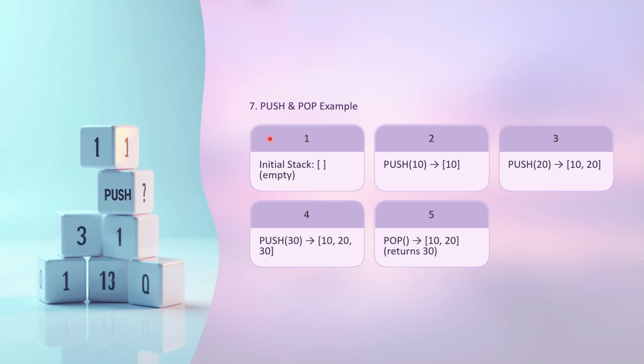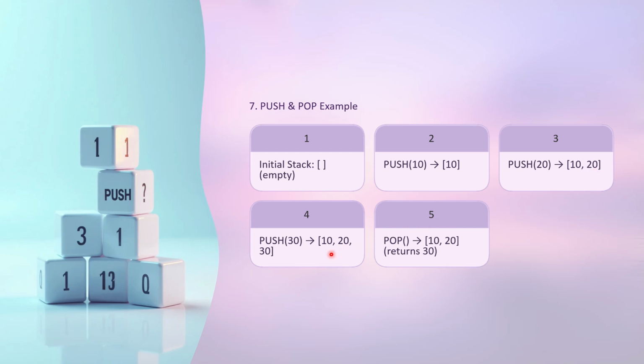Now look at an example. We start with an empty stack, and after pushing number 10, the stack contains 10. Next we push number 20, adding 20 on the top of the stack, making the stack 10 and 20.